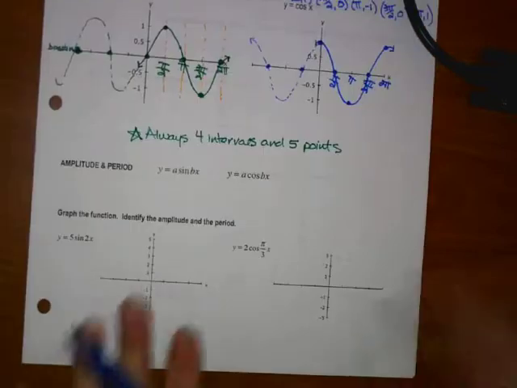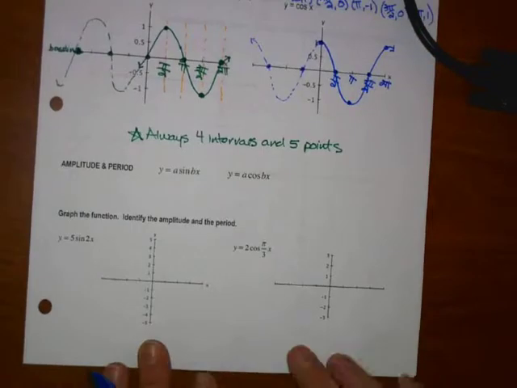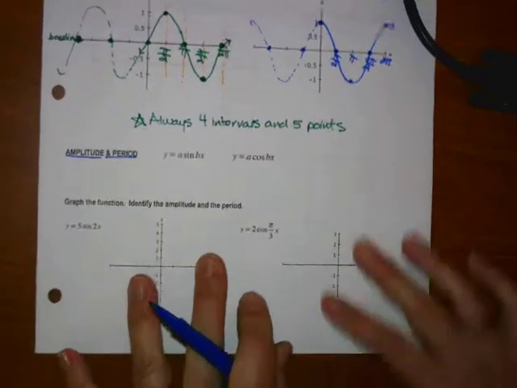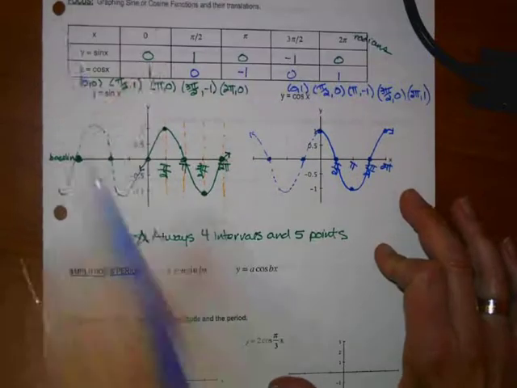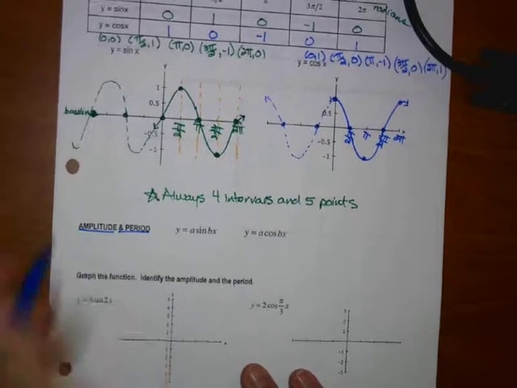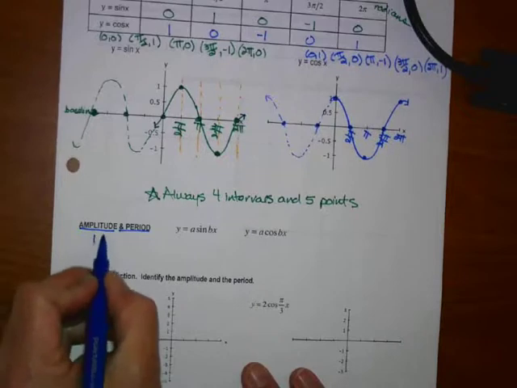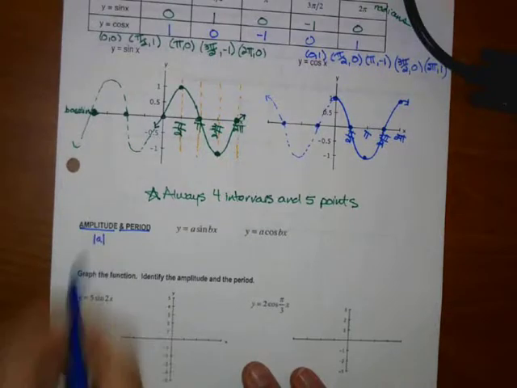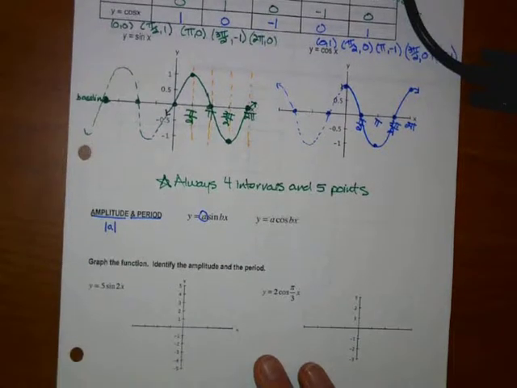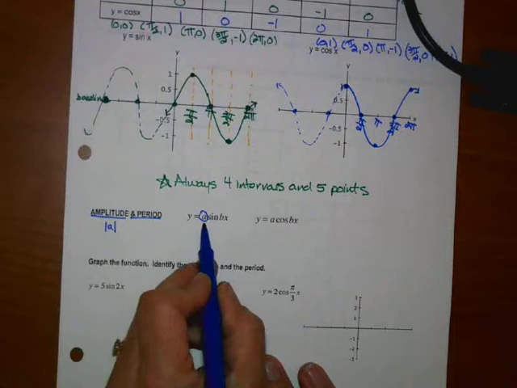Now, there's 2 words that are important: amplitude and period. What do you think the amplitude does to it? Go up and down. Yeah, it tells you how high it's going to be. So we'll start with that. Amplitude is the absolute value of A. And here is A, of course, in the equation, right here.